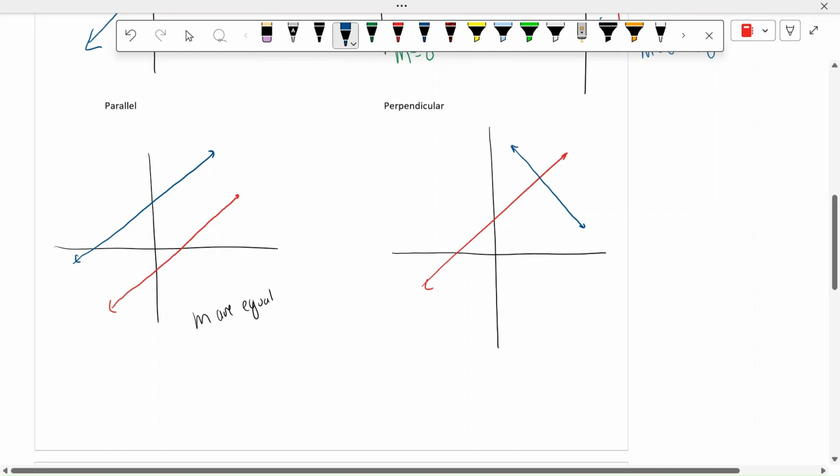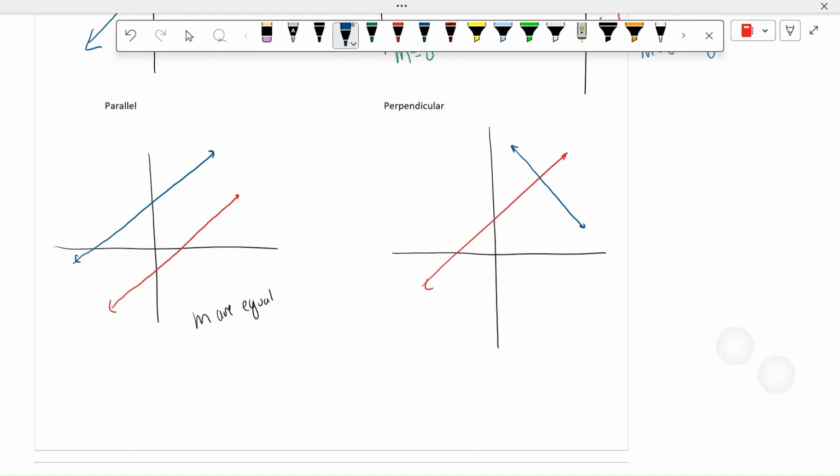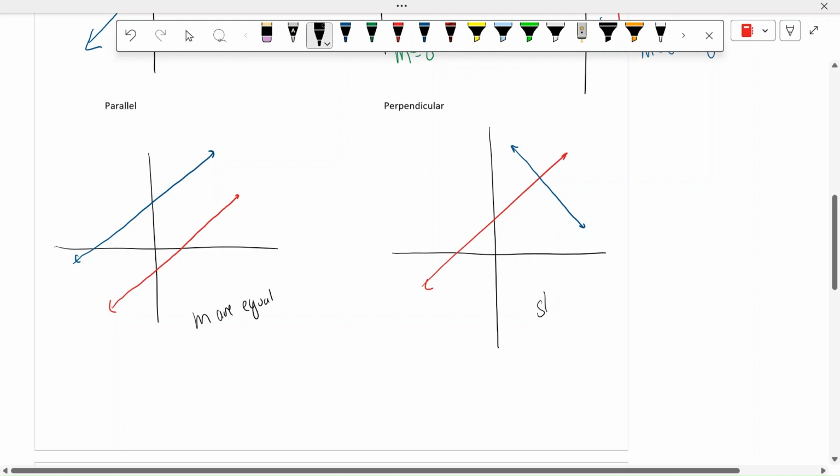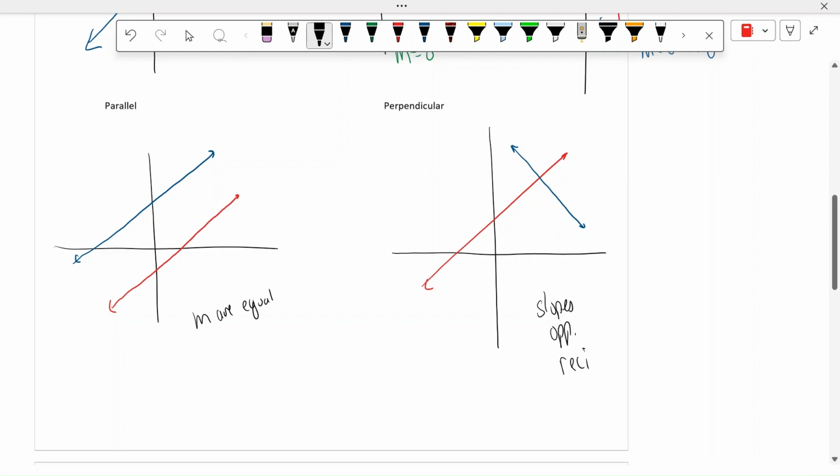If they're perpendicular, they intersect at a right angle, which would be 90 degrees. And in this context, their slopes are opposite reciprocals. For example, 3/5 and -5/3, 1/2 and -2.